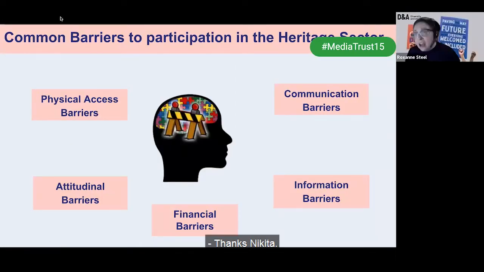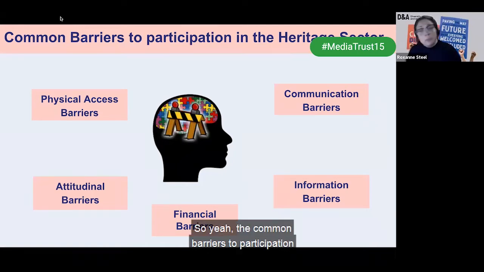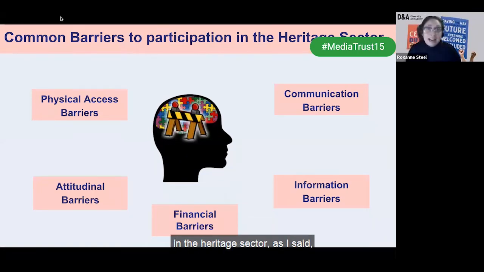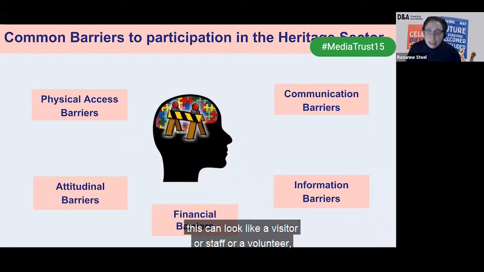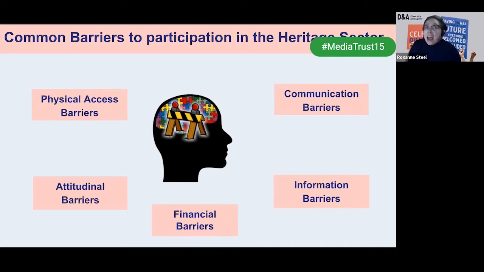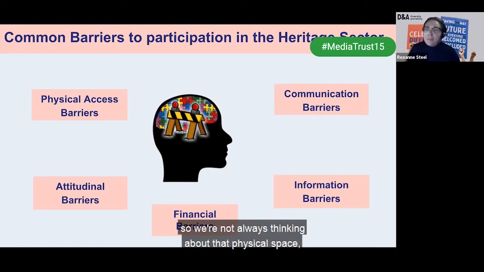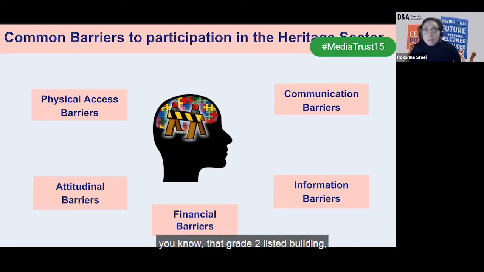Thanks, Nikita. So yeah, the common barriers to participation in the heritage sector, as I said, this can look like a visitor or staff or a volunteer. And as we said, not all barriers are physical, so we're not always thinking about that physical space, you know, that grade 2 listed building, because we recognise not all physical barriers can actually be removed.